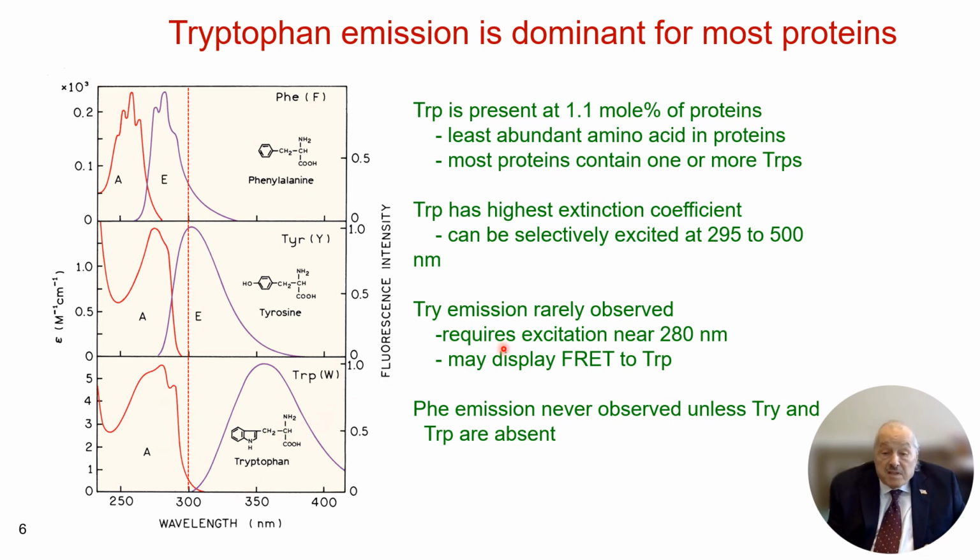Even if tyrosines are present in the protein, which you might see if you excite around 280, the tyrosine maximum, you usually won't see the tyrosine emission. A lot of it is transferred by fluorescence resonance energy transfer to the tryptophans.